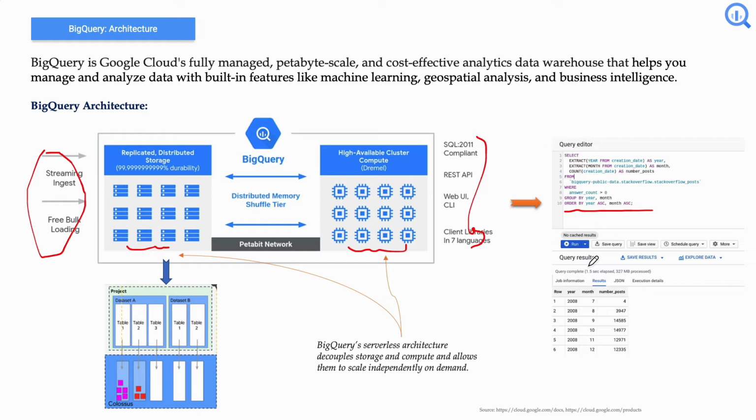Now, what are the technologies which make up BigQuery under the hood? Compute is Dremel, which is a large multi-tenant cluster that executes SQL queries. Storage is, of course, Colossus.